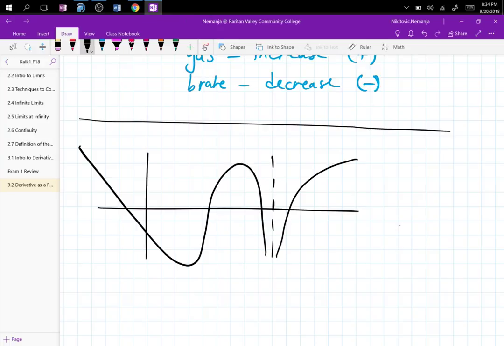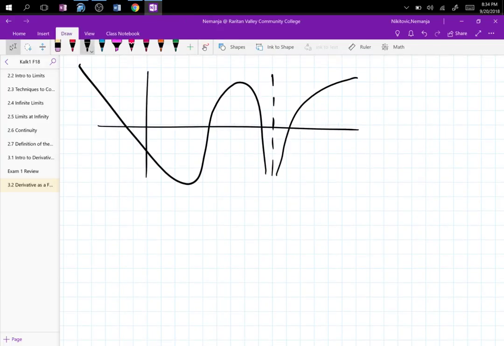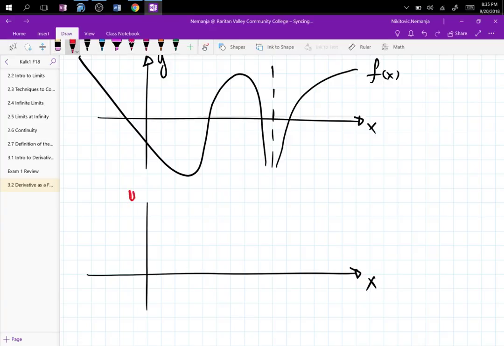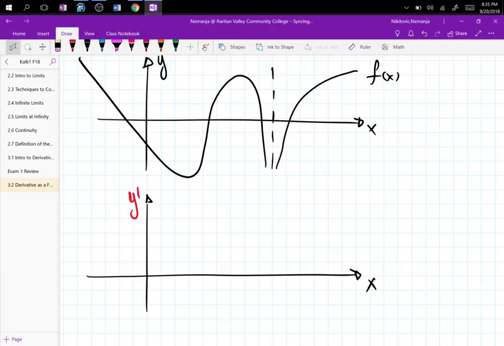So now I want to draw the derivative, and I'll draw that on a separate one now. So this is my function, f of x, and this is where I'm going to put my derivative. So it's a y prime on this axis, and it's going to be a red line, right? Well, first off, we learned that we preserve vertical asymptote in the same spot.